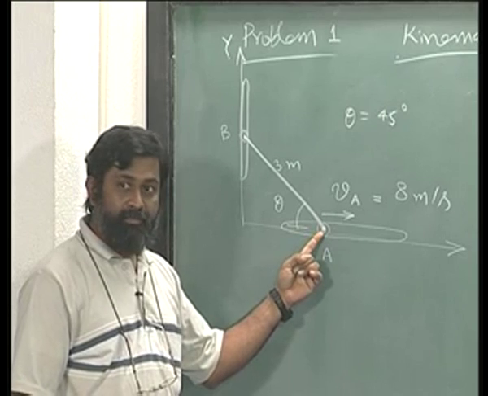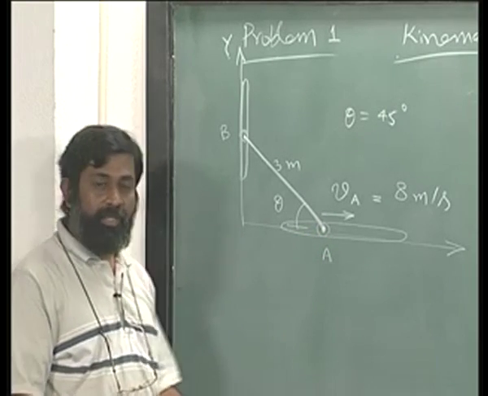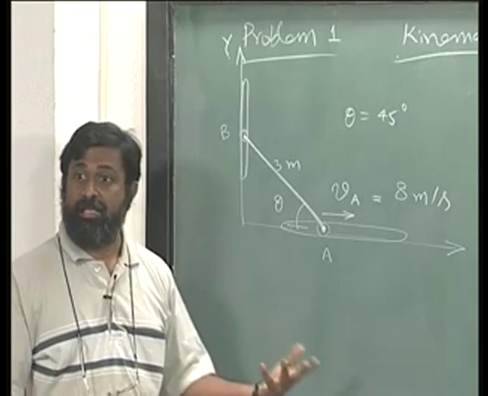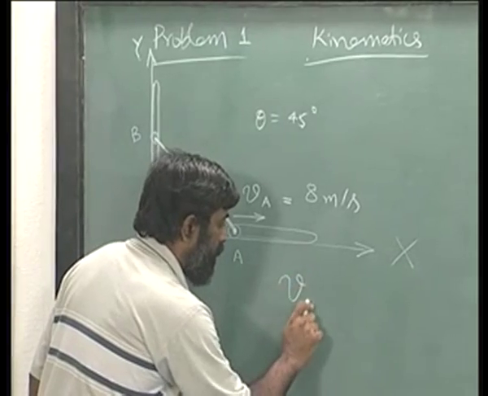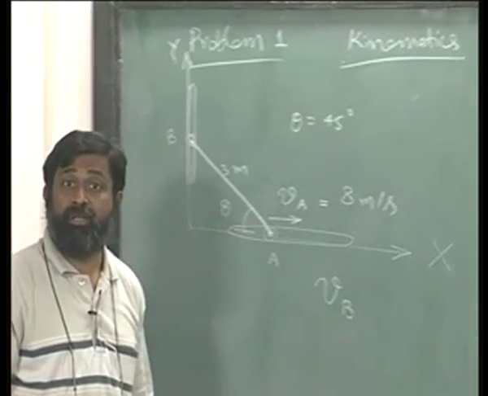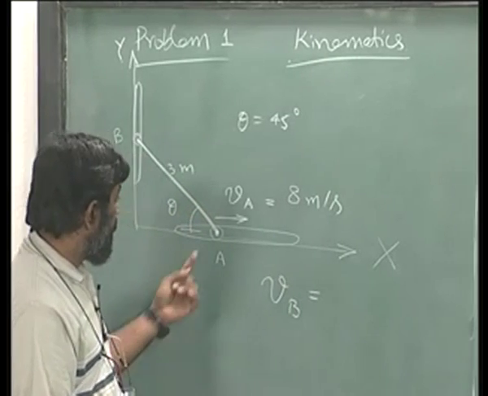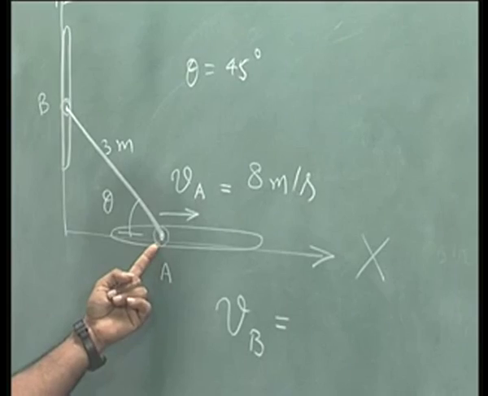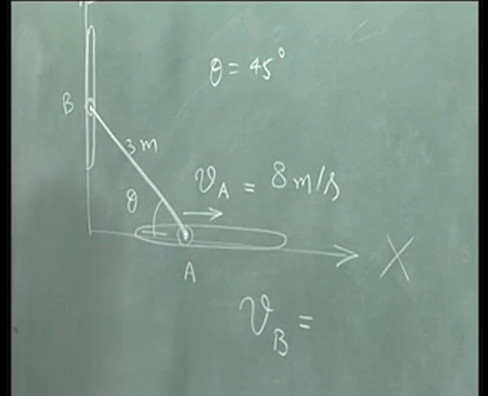If I know the motion of this with respect to the fixed frame, what is the motion of B is another question that is possible. So, let us look at that. The velocity of B should be equal to the velocity of A plus the velocity of the line connecting them, correct.